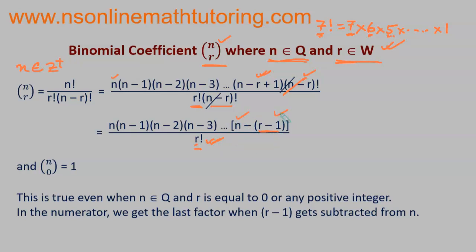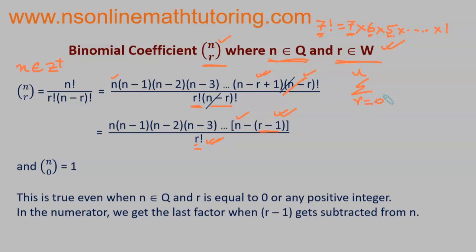This is our last factor. That is why in the binomial expansion, remember when we had taken the sigma notation, we had taken r equal to 0 to n.